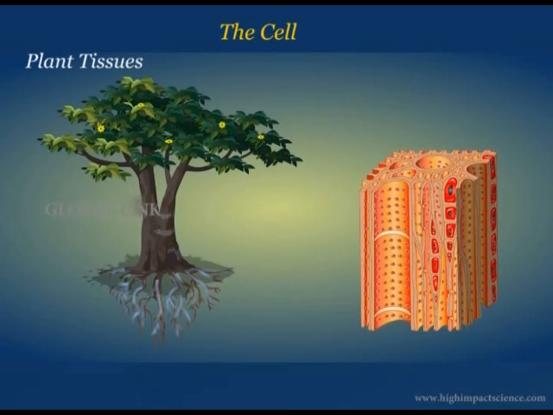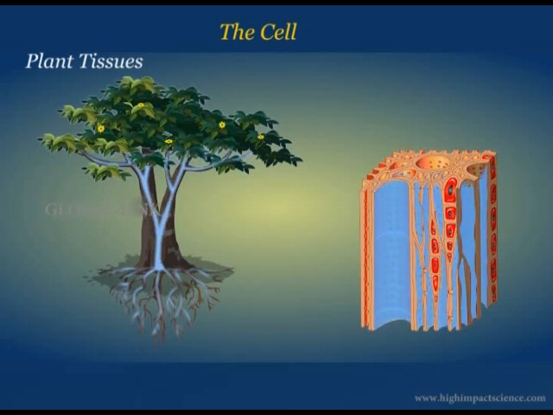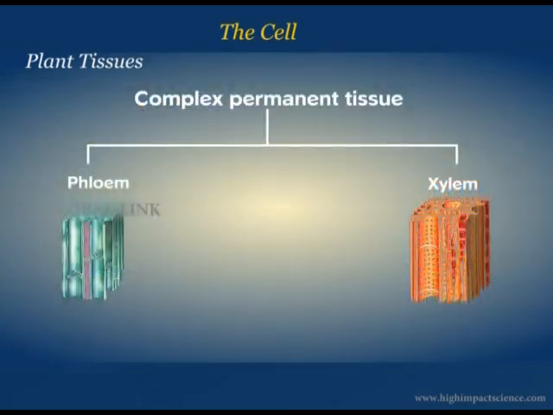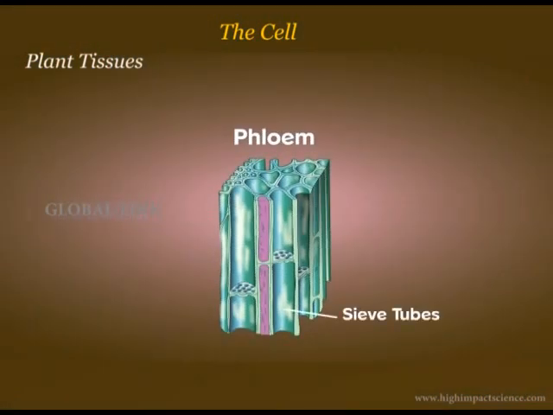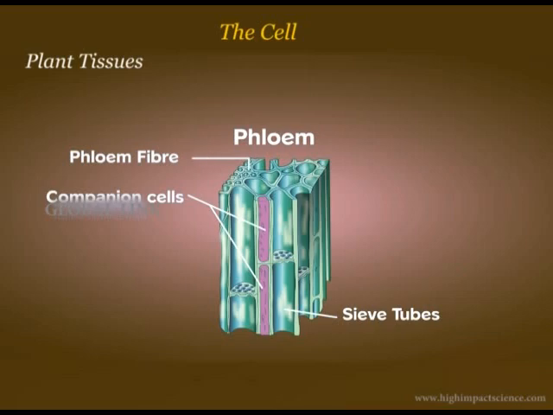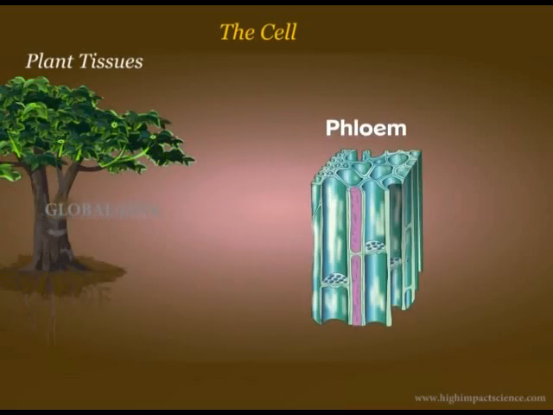It transports water and minerals from the roots to other parts of the plant. Phloem consists of sieve tubes, companion cells, phloem fibers, and phloem parenchyma, which transport prepared food from leaves to other parts of the plant.